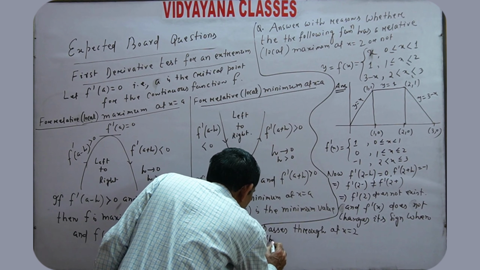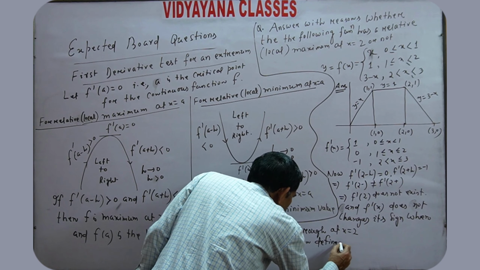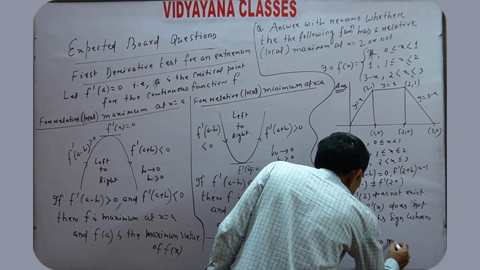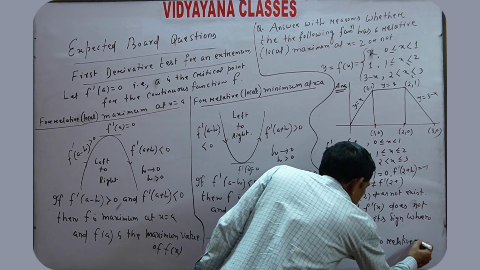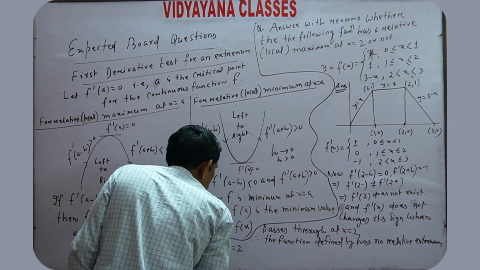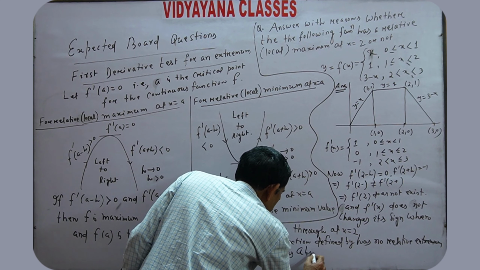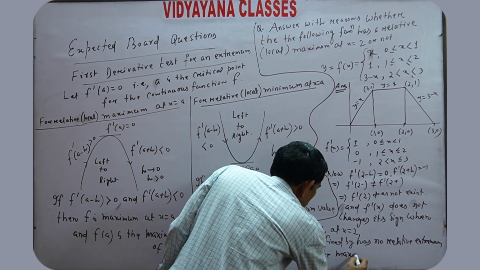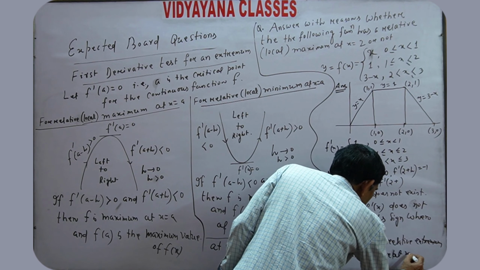Therefore, the function defined has no relative extremum at x = 2, but it has an absolute maximum value at x = 2.